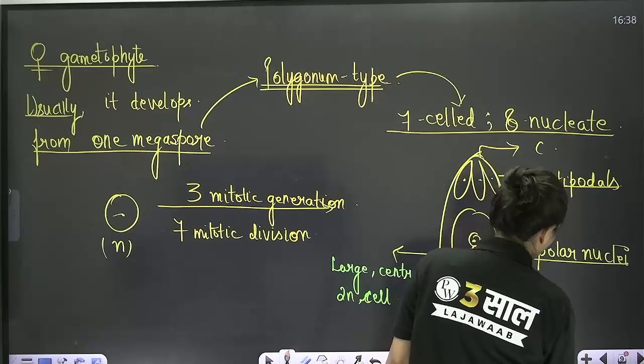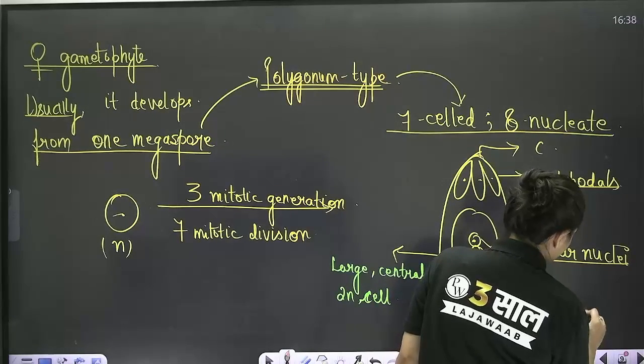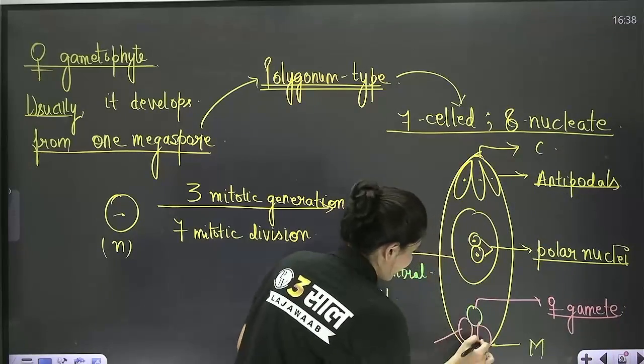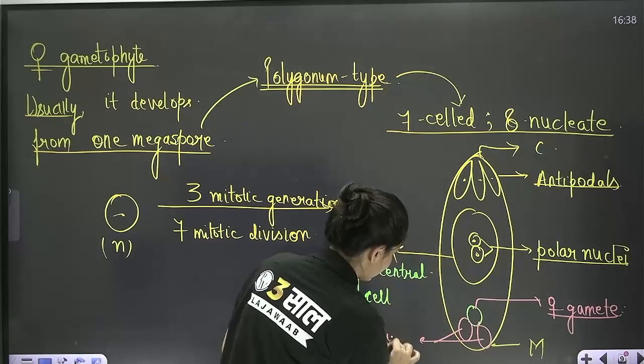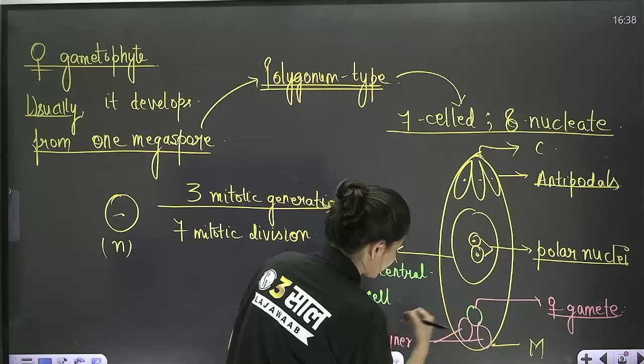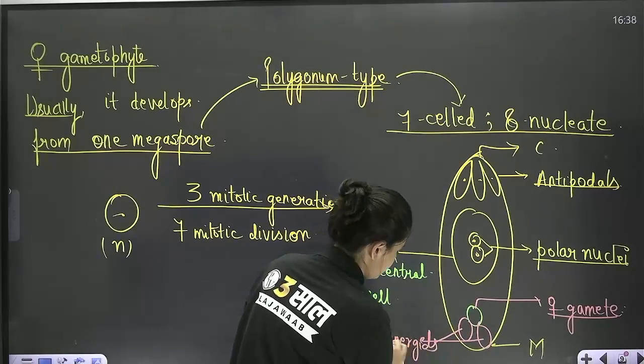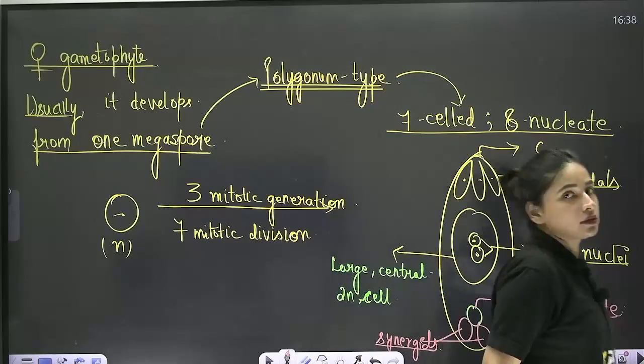So here goes your main fertilizing body, that is the female gamete, nourished by and supported by sister cells, also called helper cells, supporter cells, synergids. Correct? Got my point?